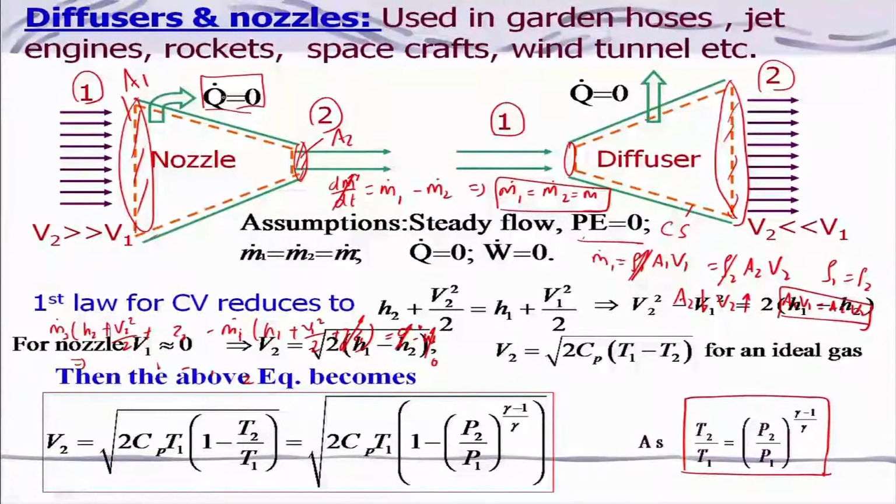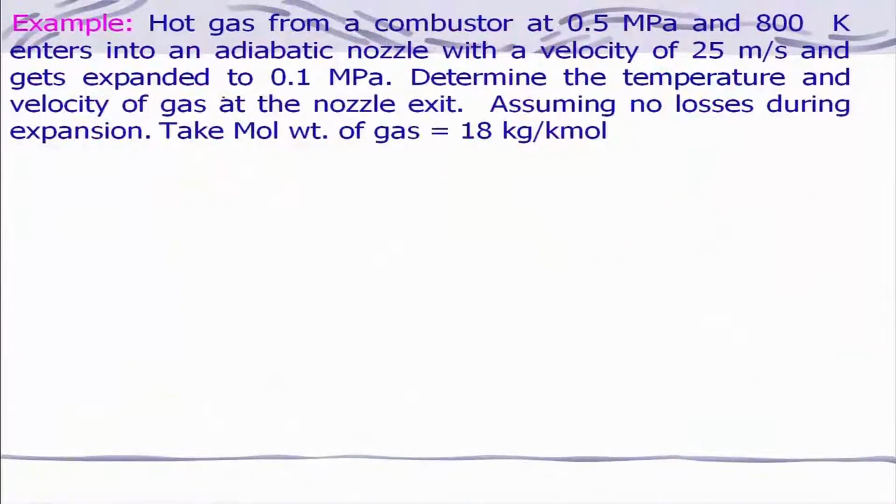Now we will take an example to see how to compute and how to use this equation. Let us say hot gas from a combustor at 0.5 megapascal and 800 Kelvin enters an adiabatic nozzle.